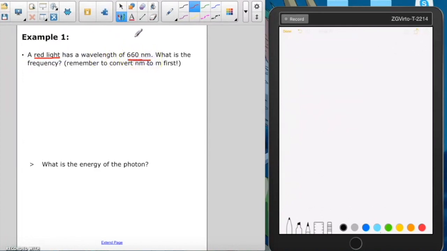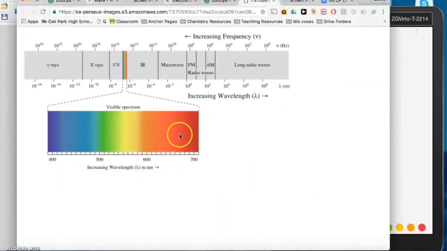So the wavelength is 660 nanometers, and we want to calculate the frequency, okay? We know the wavelength, we want to calculate the frequency, and we have red light, which is this part of the visible spectrum of the visible light, which at the same time is in this section of the electromagnetic spectrum.